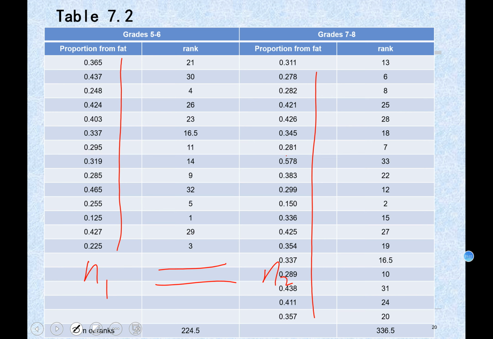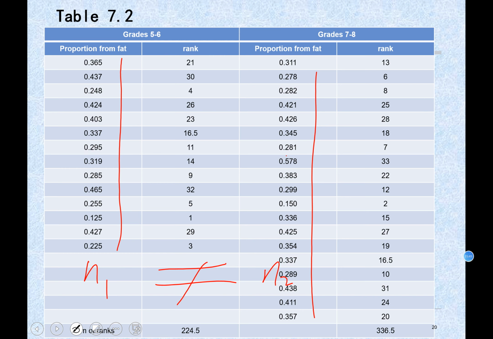But sometimes maybe they are not paired samples. But if we find that the sample sizes of the two groups are not equal, that means the two groups must not be paired samples.